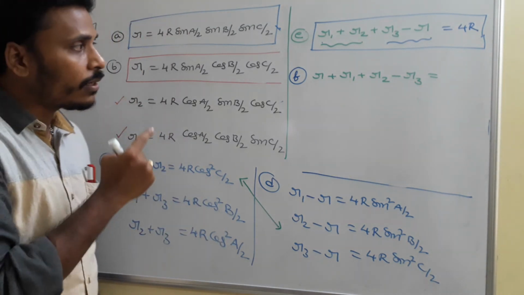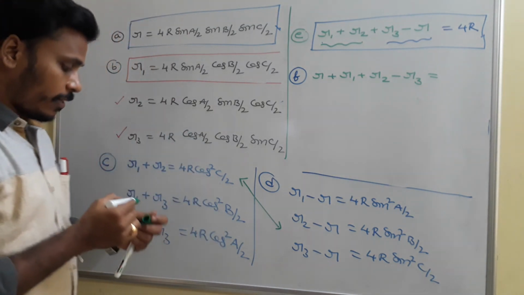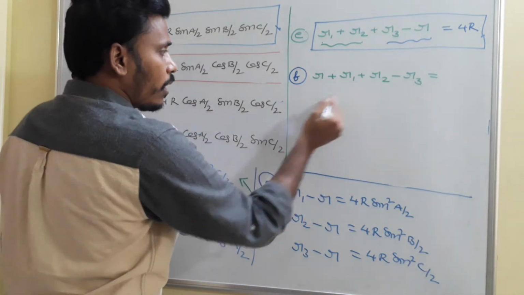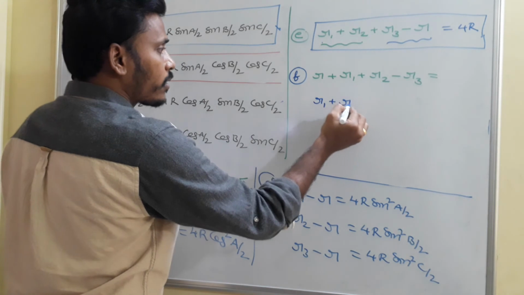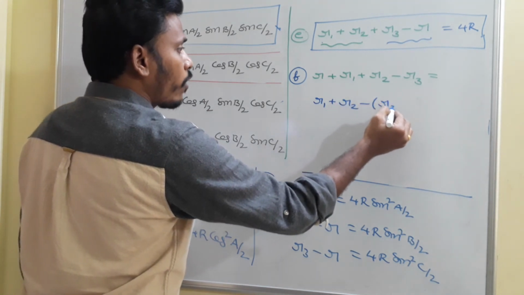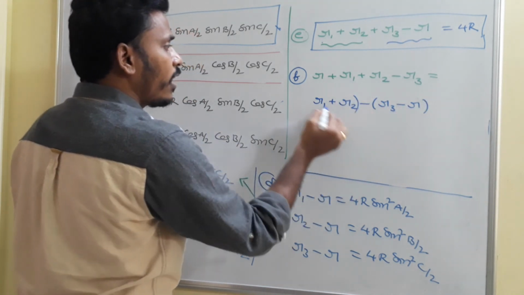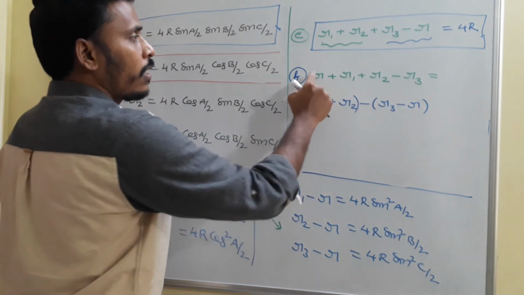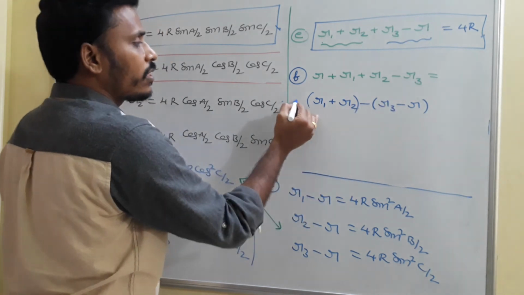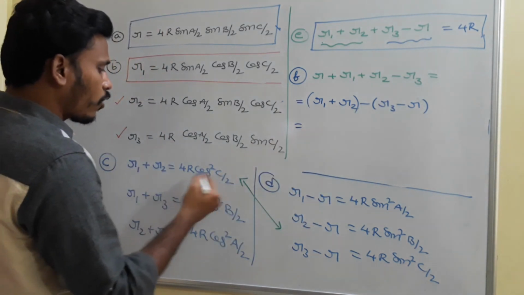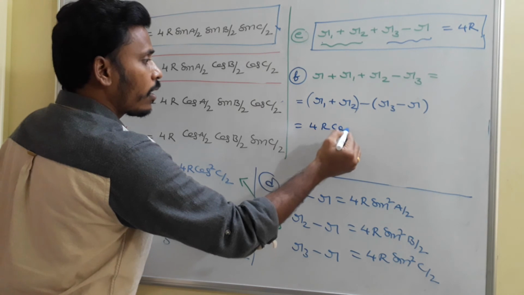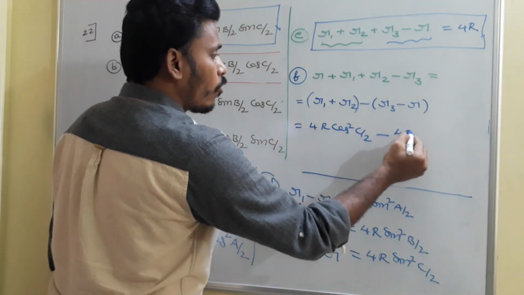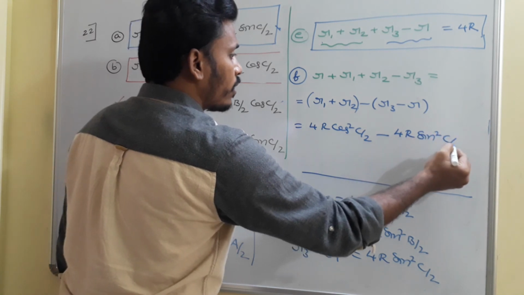I can rewrite it like this: this is equal to r1 plus r2 minus of (r3 minus r). Is there anything wrong? r1 plus r2 minus r3, minus of minus, plus r. The given thing is just equivalent with this regrouping. And this r1 plus r2 is simply 4r cos square C/2 minus this r3 minus r, which is again 4r sin square C/2.